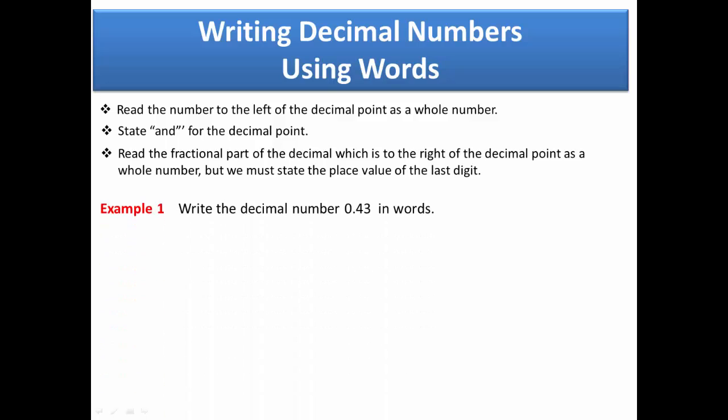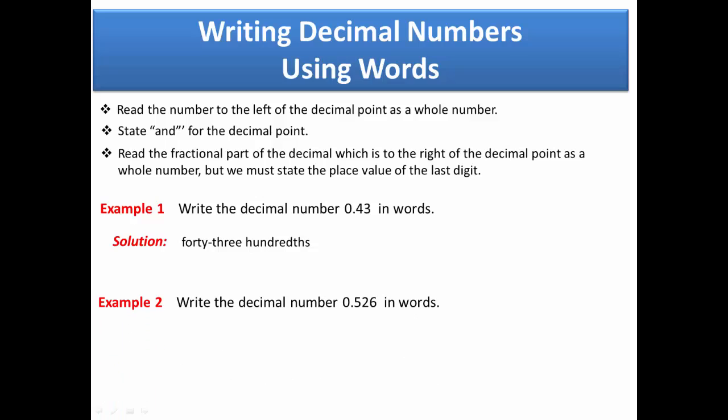For our first example, we will write the decimal number 0.43 in words. This will be written as 43 hundredths. The reason we end the word form of our number with hundredths is because the 3 is in the hundredths place. Also, numbers such as 43 that include two numbers, 40 and 3, should be hyphenated.